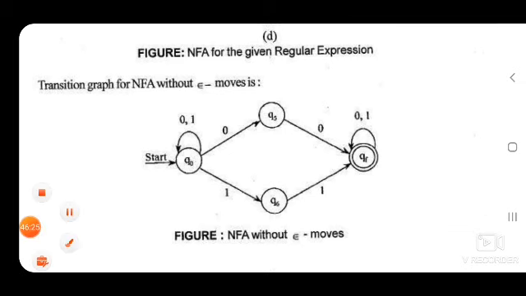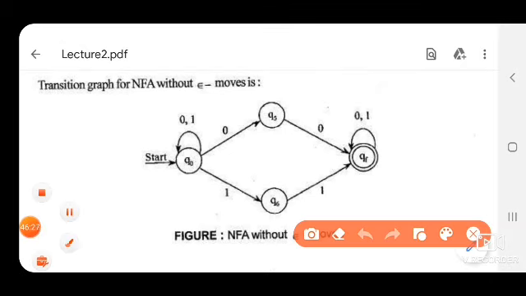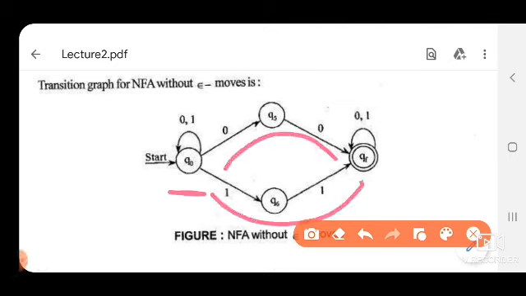Here you see, this is for 0 plus 1 asterisk, this is for 0 0, this is for 1 1 in parallel, and finally in last we have 0 plus 1 asterisk. So this figure is same as the above figure, but in this figure there is no null transition. Okay. So how to convert NFA with null into an NFA?